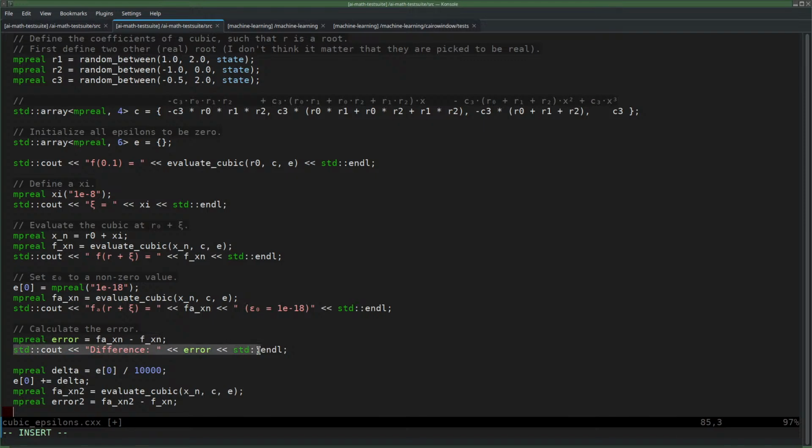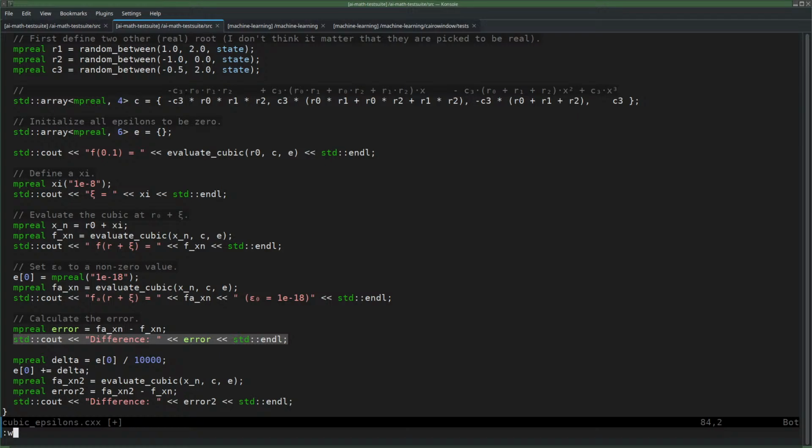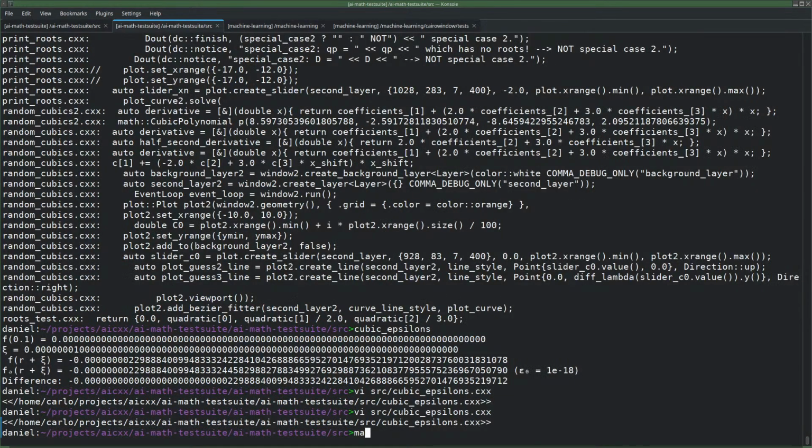And let's print that as well. Let's see if that difference is still having a lot of precision.